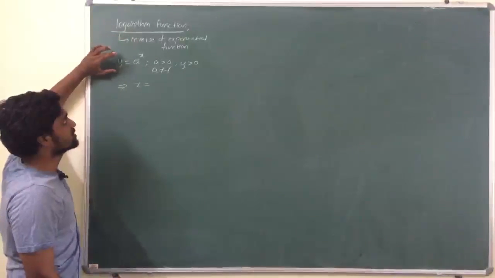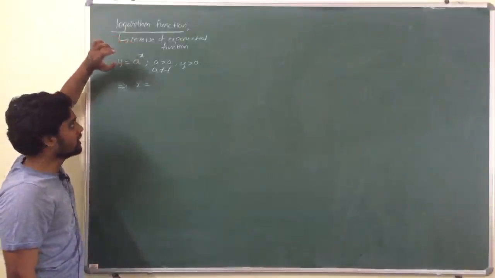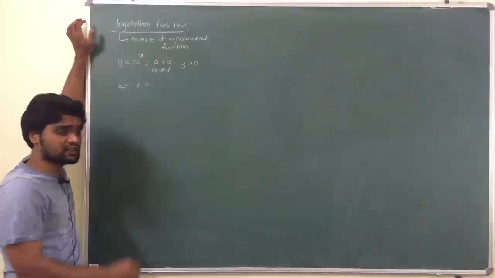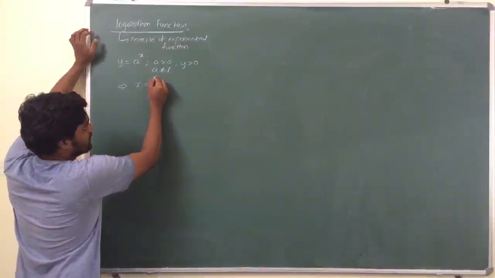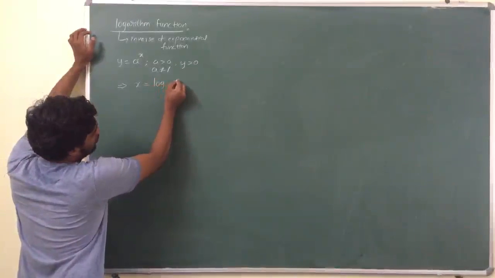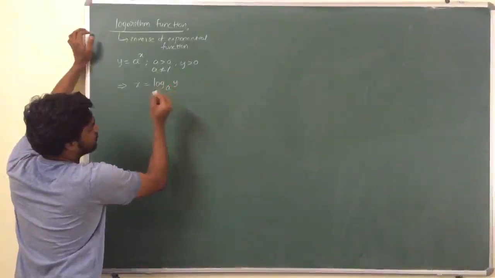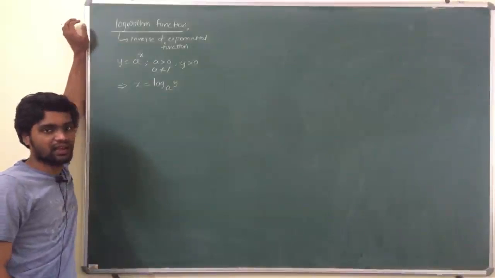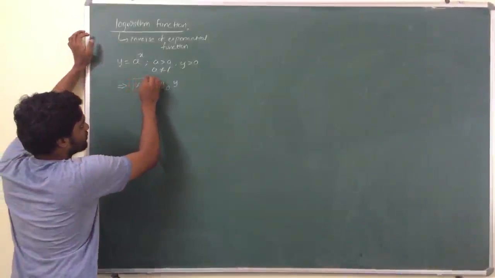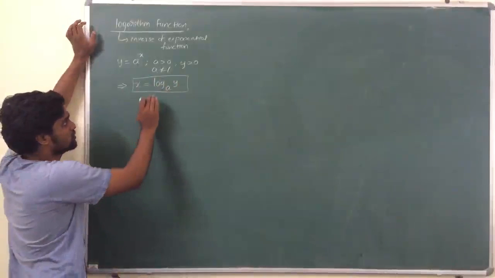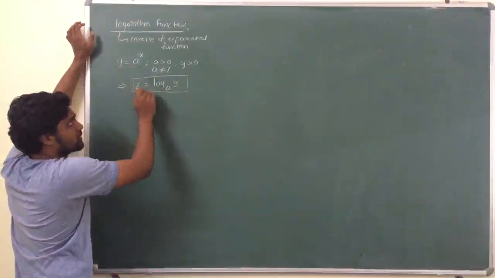If I need the value of x in terms of y, then we say x is equal to logarithm of y to the base a. So that is how you convert an exponential function to a logarithmic function. This is the derivation of logarithm from exponents.